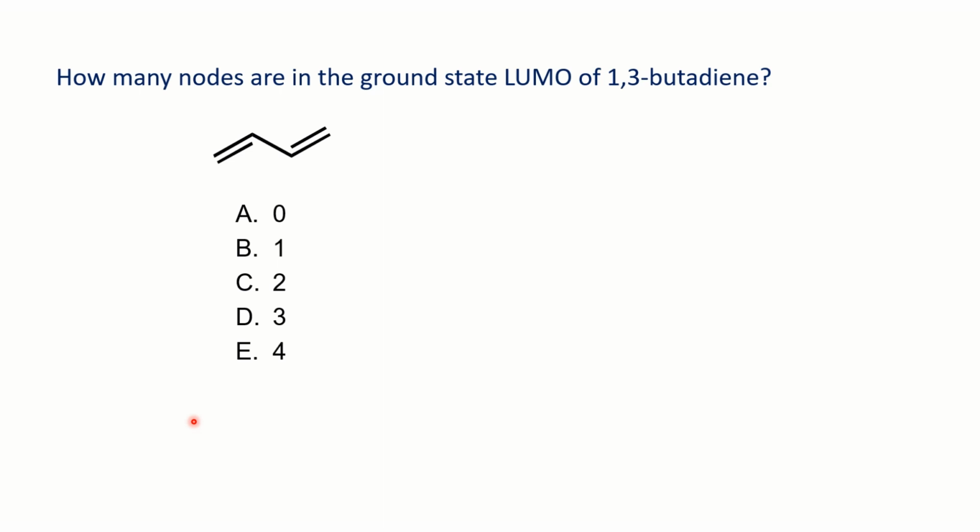Before we move on, why don't you have a look at this and try to remember exactly where the LUMO is. And maybe I should have asked you where the LUMO is in the ground state, but of course it's already here. So go ahead and try to answer that, and then we can push on.